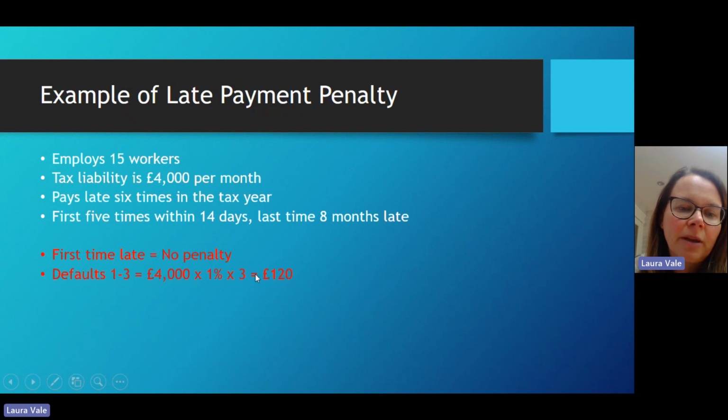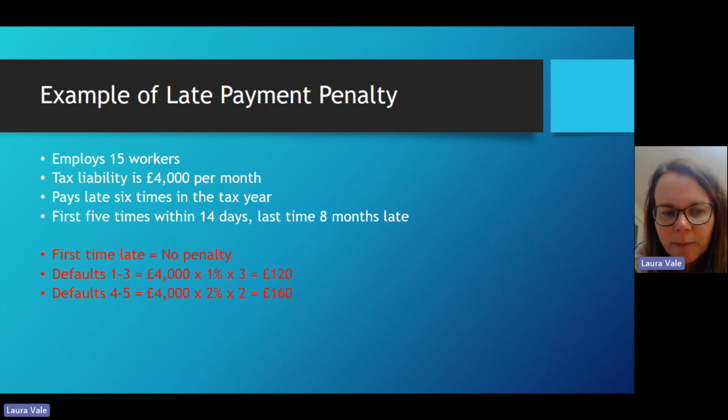There's 3 of them, so that's a total of 120. The last 2 defaults, which will be numbers 4 and 5, because remember the first time it didn't count, then it goes up to 2%, so £4,000 per month at 2% times 2 months is a total of £160.